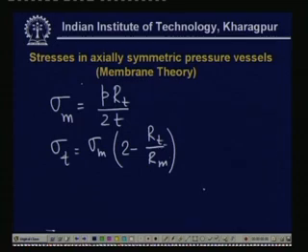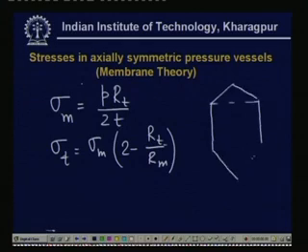Now, in some vessels what we have is that suppose the cross section changes. Here see there is an abrupt change over here. Now, what we see is that R T, that is this tangential radius, changes gradually.